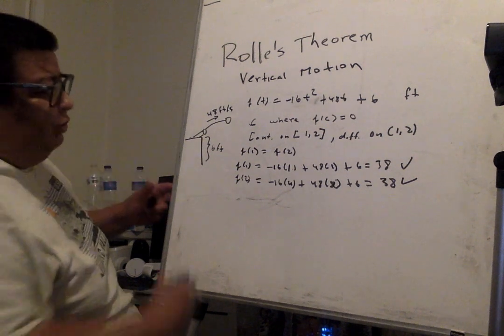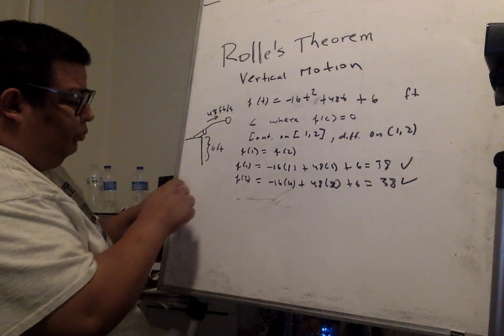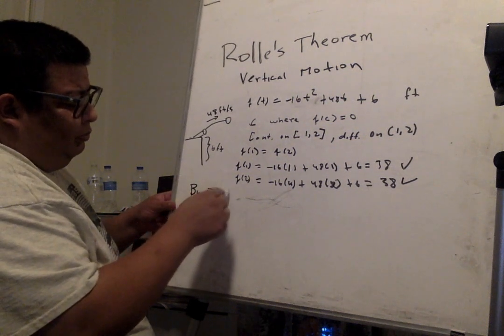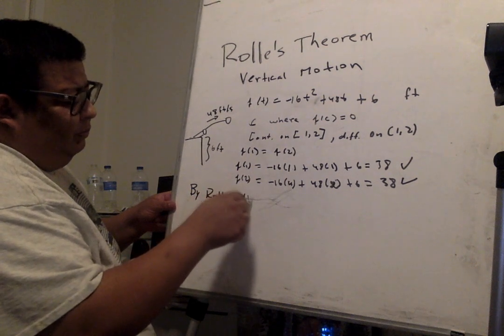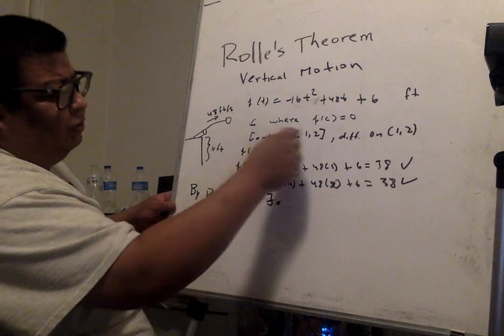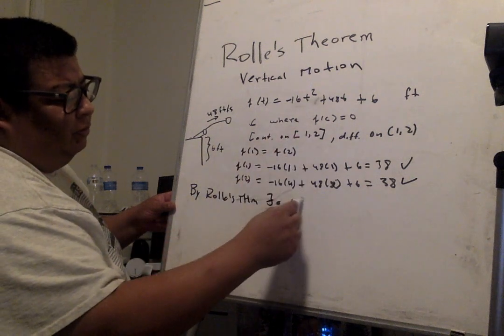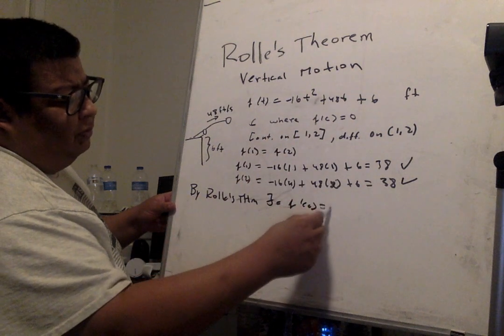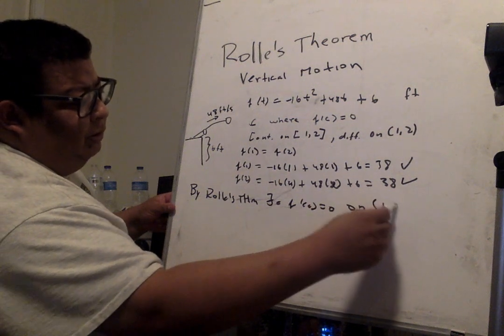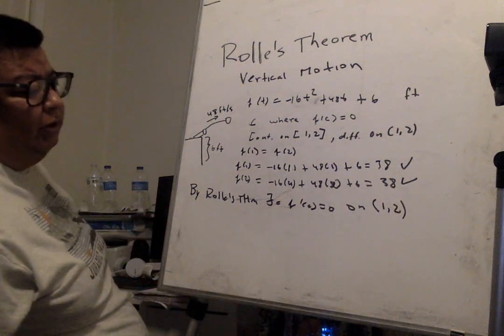So by Rolle's theorem, there exists a c such that f prime of c equals 0 on the open interval (1, 2).